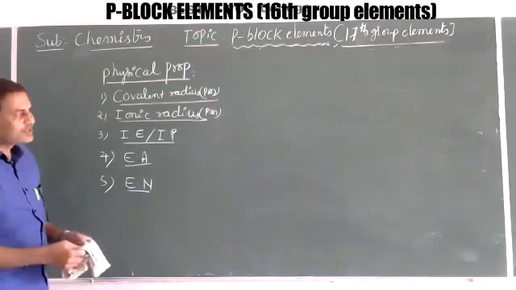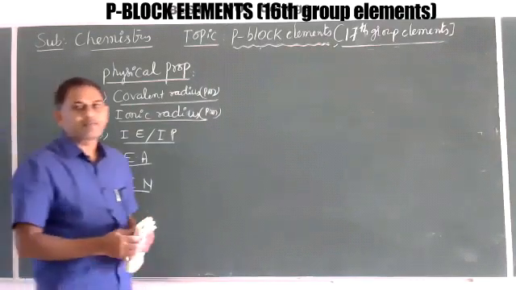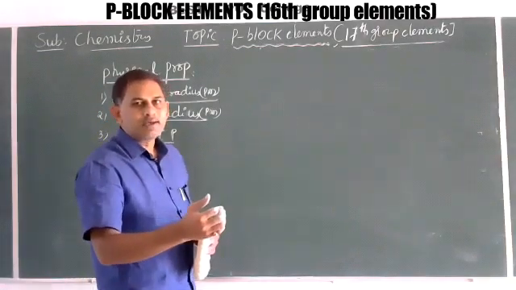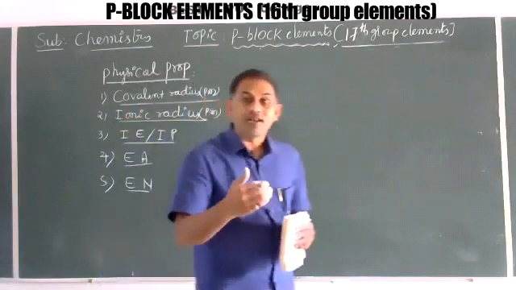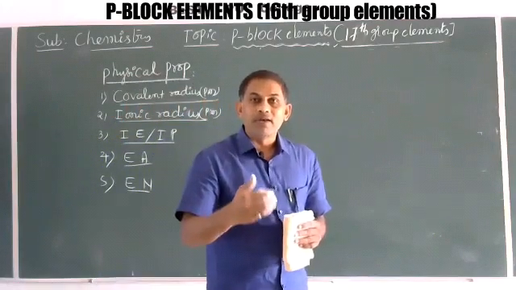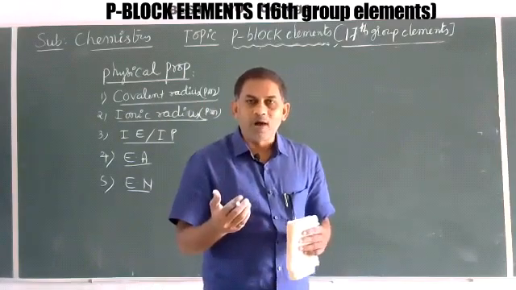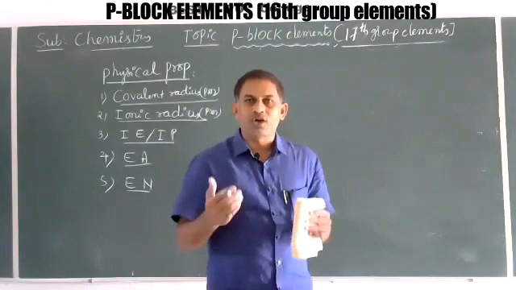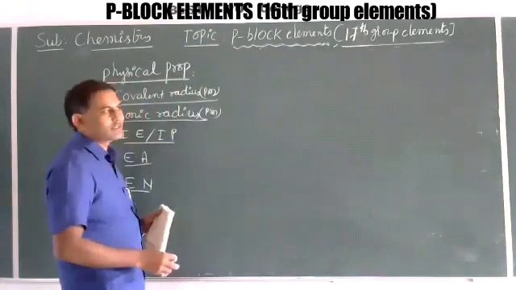Once we observe the electronic configuration of 17th group elements, from top to bottom atomic number increases, and a newly added electron enters into a new main energy level. So whenever the electron enters into a new main energy level, from top to bottom size increases, effective nuclear charge decreases, then size increases.